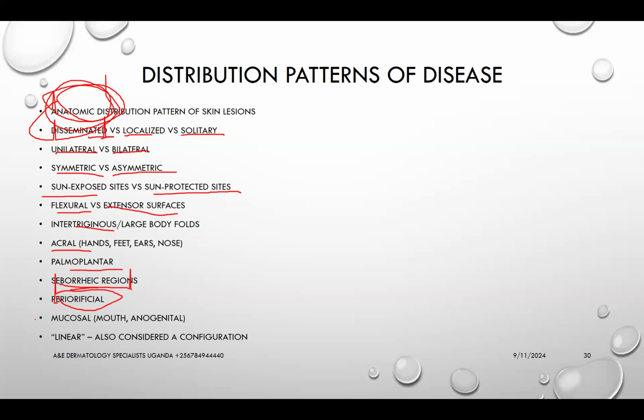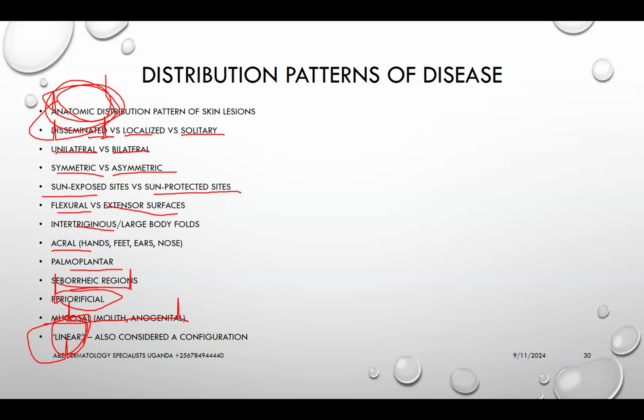Then we can have disease conditions that love the mucosa. You'll find that oral lichen planus is only in the mouth or even in the genitalia, in the esophagus, only in the mucosa. So the distribution in that case anatomically will be mucosal distribution. Another important factor to consider here is that linear, the one we saw as configuration, is also considered a distribution pattern.